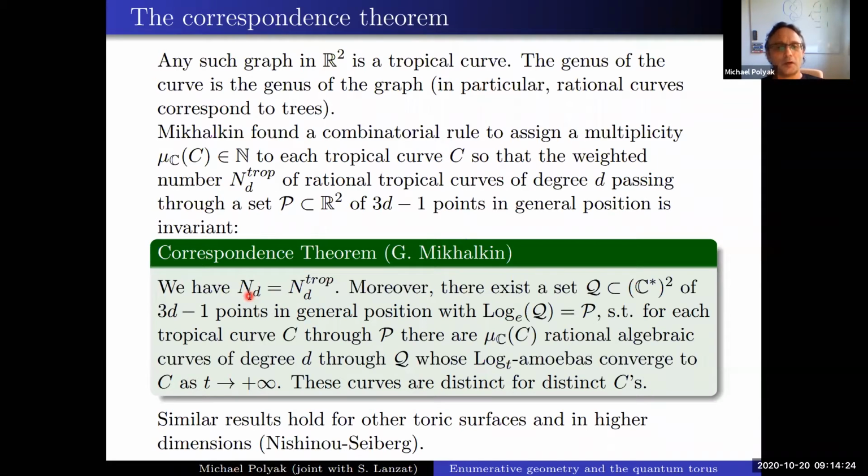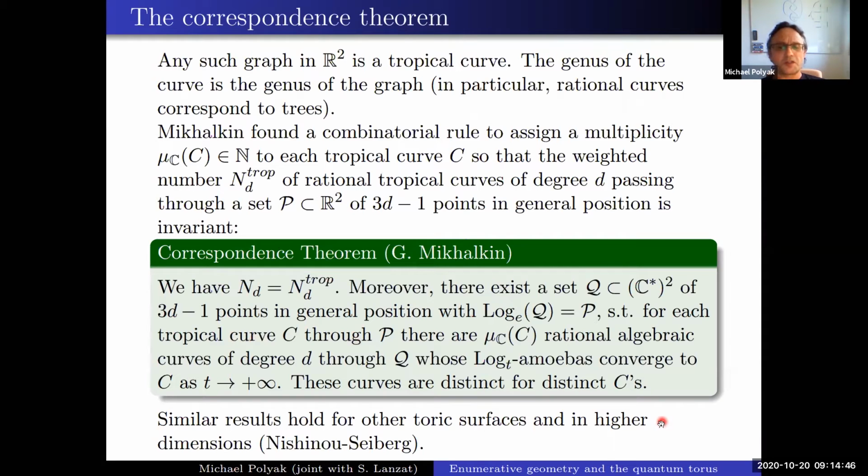Right? So, and indeed you can make this correspondence very explicit, to see these rational algebraic curves which converge to each one of these tropical curves.